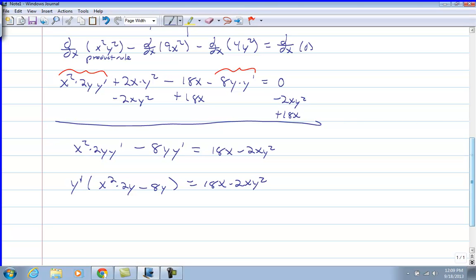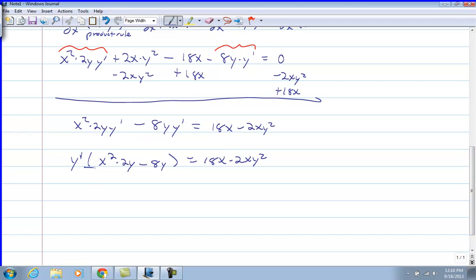And we'll divide both sides by x squared times 2y minus 8y. My stylus is kind of messing up on me today. I read the wrong thing.